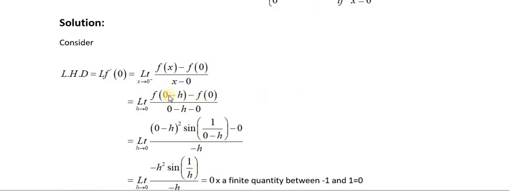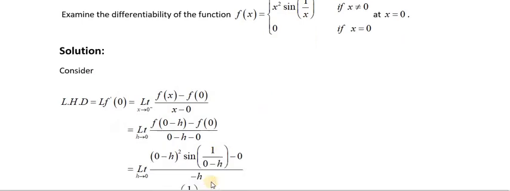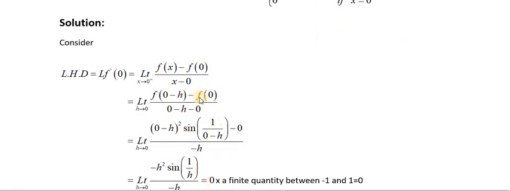So f of 0 minus h is equal to 0 minus h whole square sine 1 by 0 minus h. We already know the value of f of 0 is 0. 0 minus h whole square is h square. Here sine of 1 by minus h. Observe all of you.